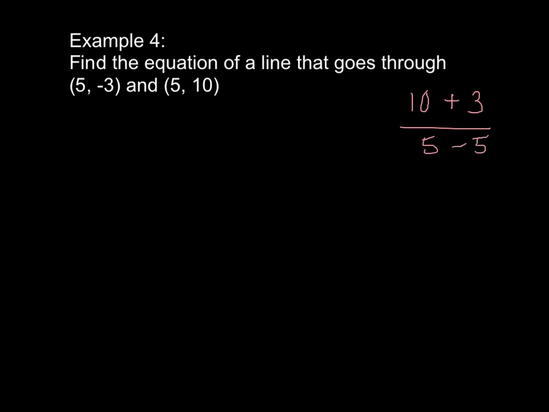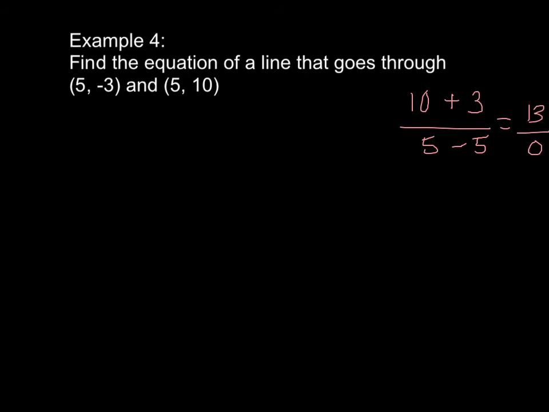And I end up getting 13 over 0. And if you recall, anytime you have a number over 0, you don't actually have a number there. 13 over 0 is what they call undefined. It isn't even a number. Whenever that happens, even though the line doesn't have a slope, the slope is undefined.